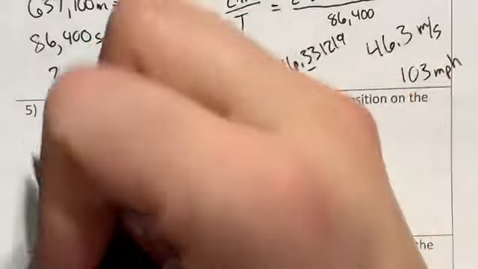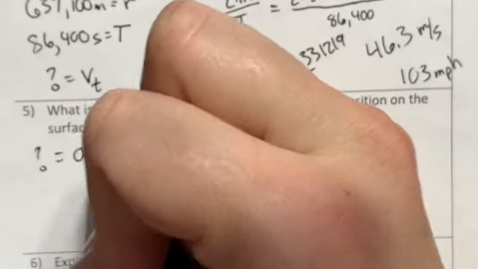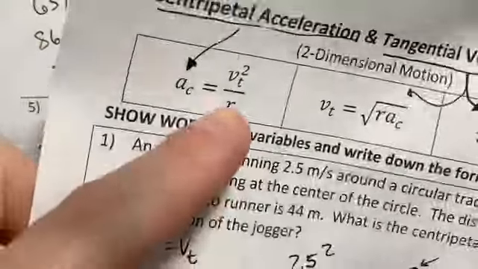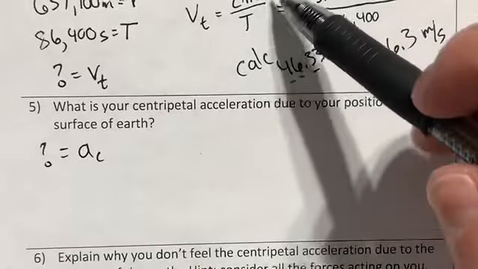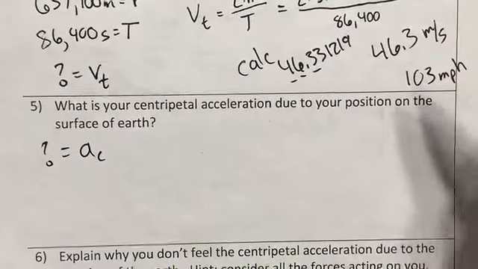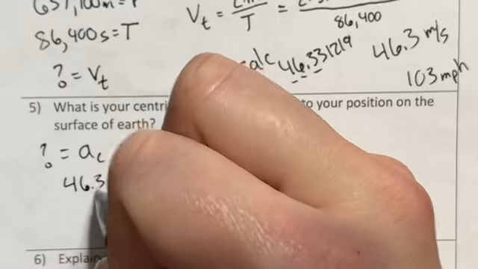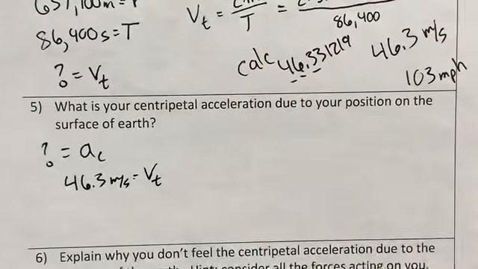All this information is asking for the centripetal acceleration. Well, the formula for centripetal acceleration, we need the tangential velocity squared divided by the radius. Well, we just solved the tangential velocity up here. So we're going to use the number we solved for. 46.3 meters per second is the tangential velocity.